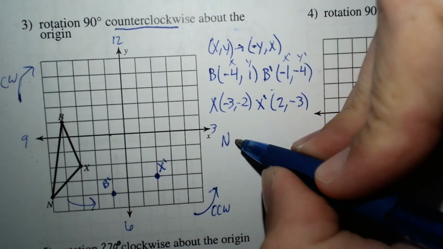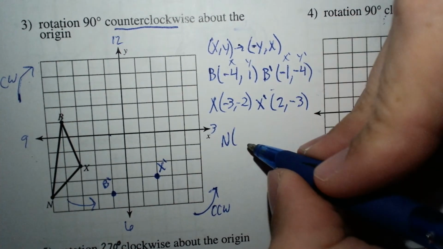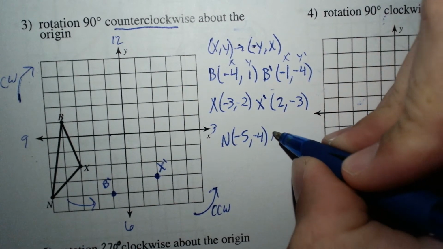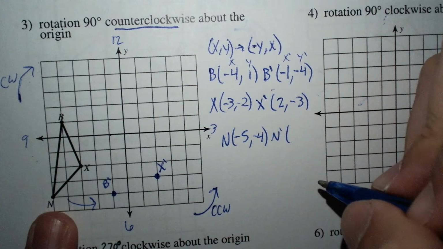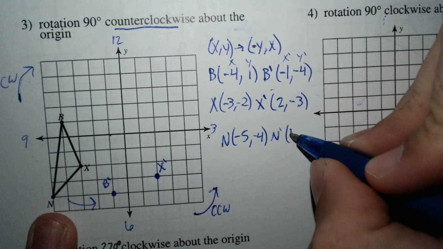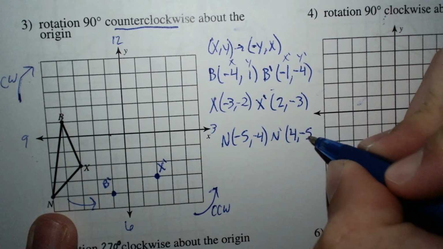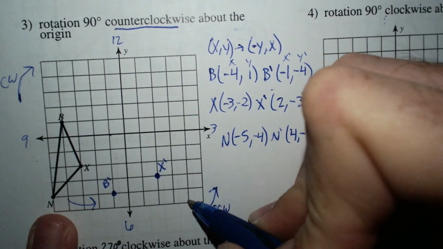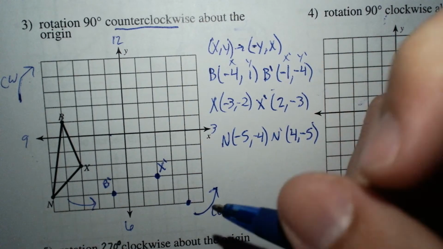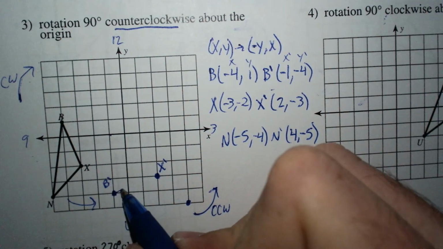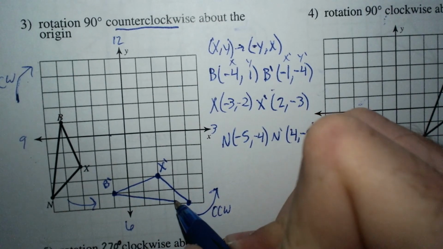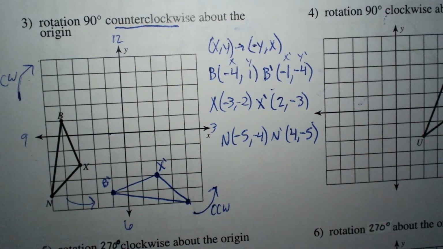And then you have N. N, the last one here, is negative 5, negative 4. N prime is going to be 4, negative 5. 4, negative 5. And that is what your shape should look like.